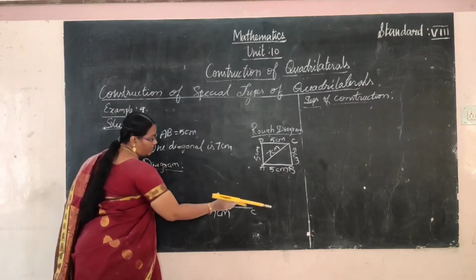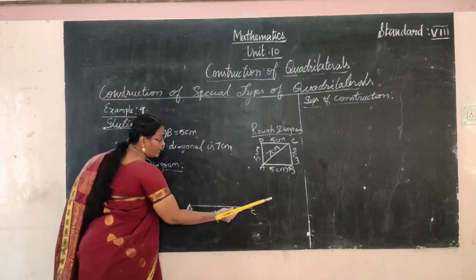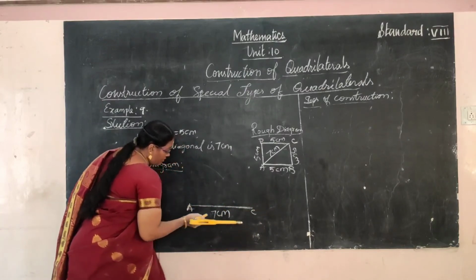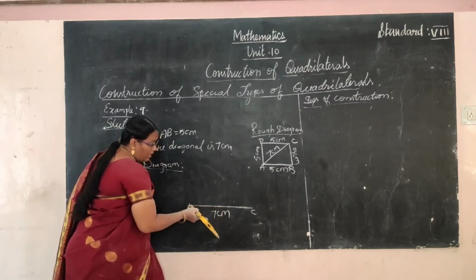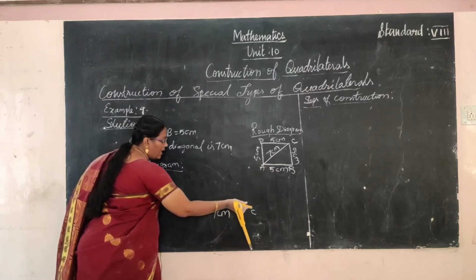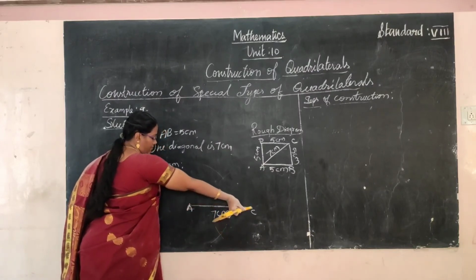With center C also we draw the same measurement, and we draw the other sides also using the same measurement with A and C.